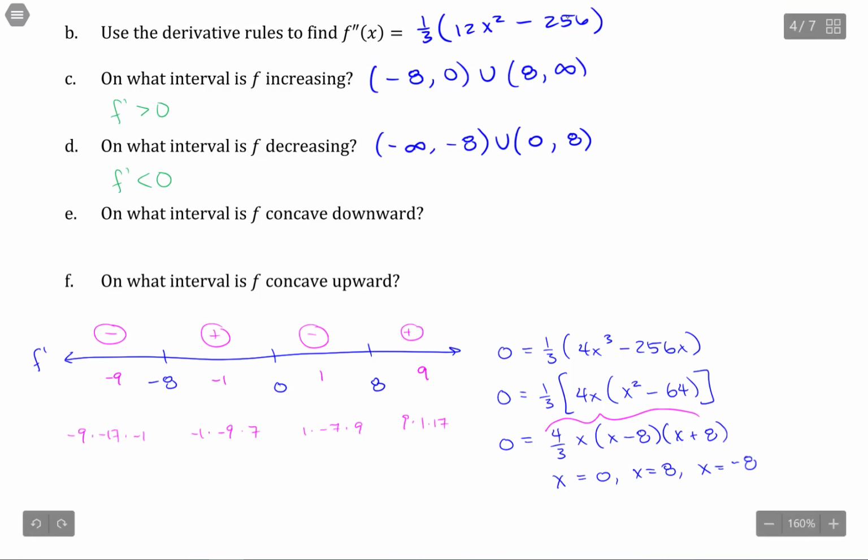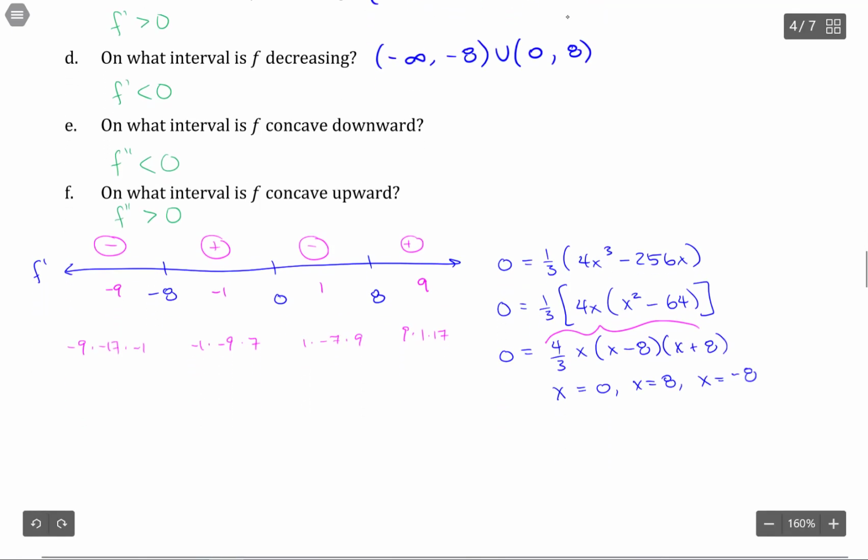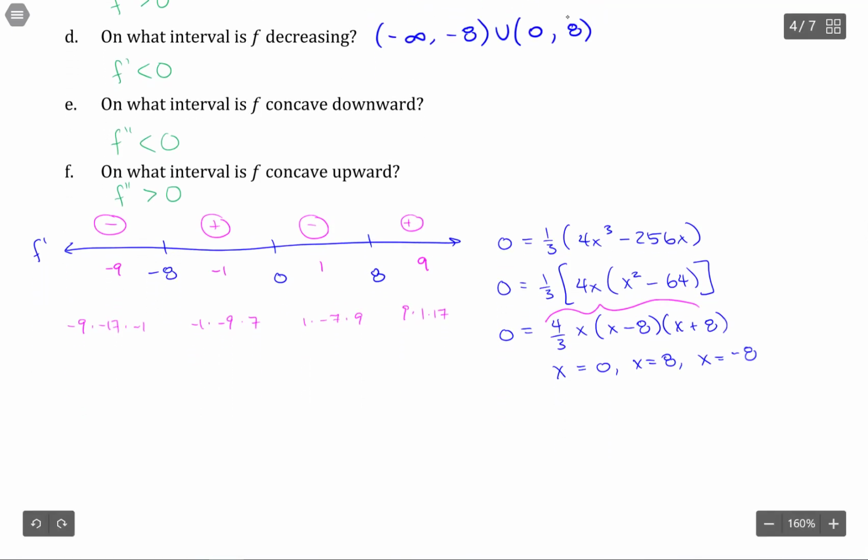What intervals is f concave downward? So for concavity, we look to the second derivative, and we're concave down whenever the second derivative is less than 0, and concave up whenever the second derivative is greater than 0. So we essentially just have to do the same thing that we did with the first derivative.